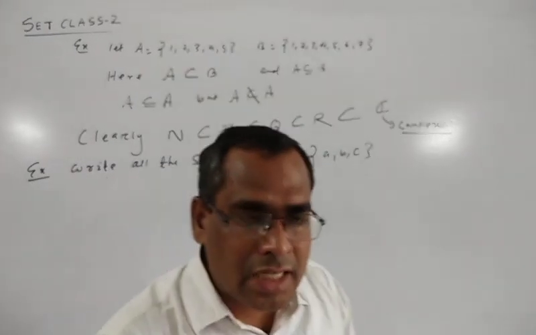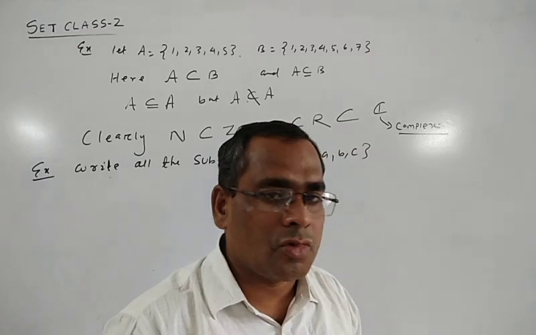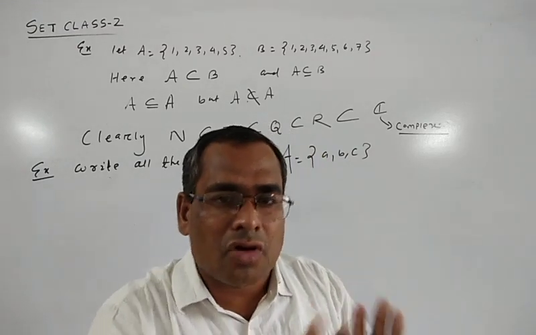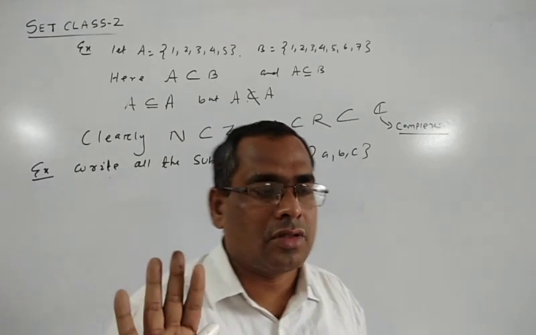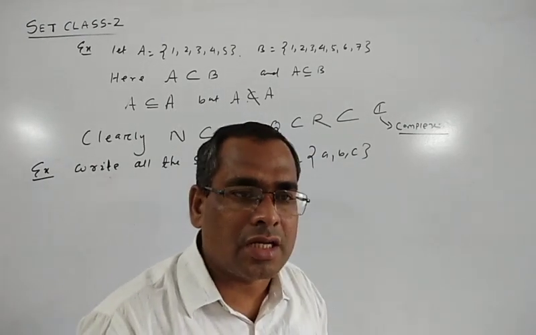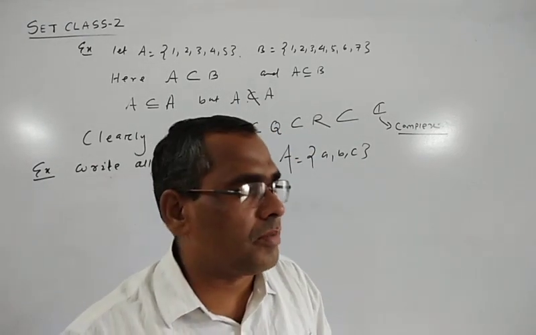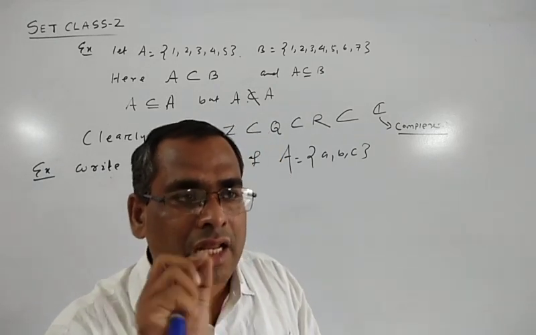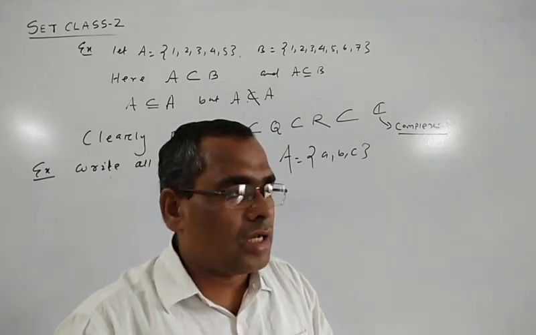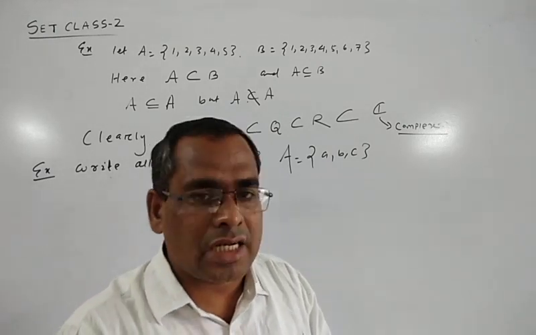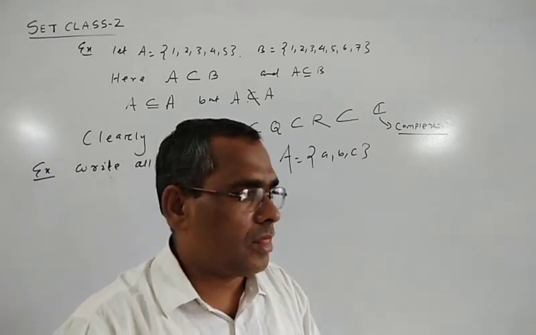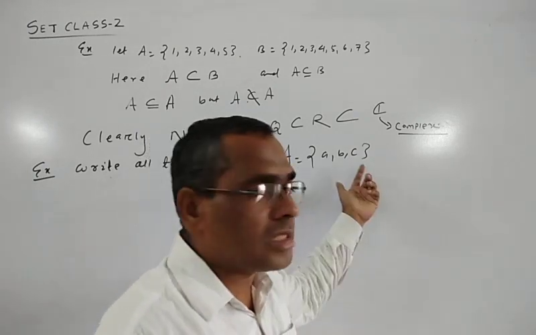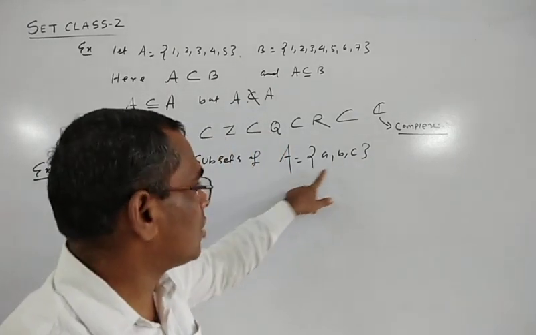We create subsets. First, the set containing no element. No element means it is an empty set. So the empty set is a subset of every set. Now we create a set containing a single element. Now we create sets containing two elements. Next we create a set containing three elements.